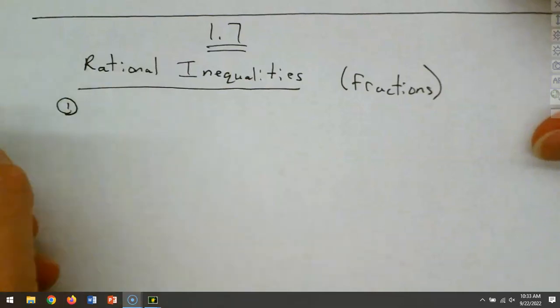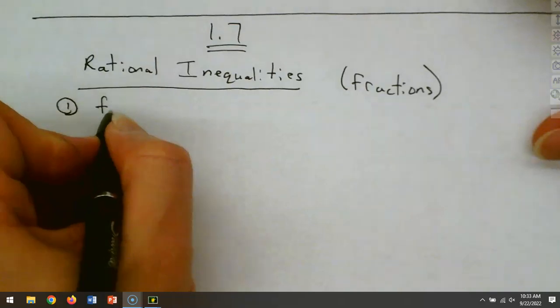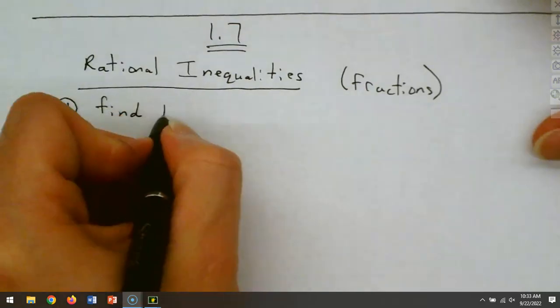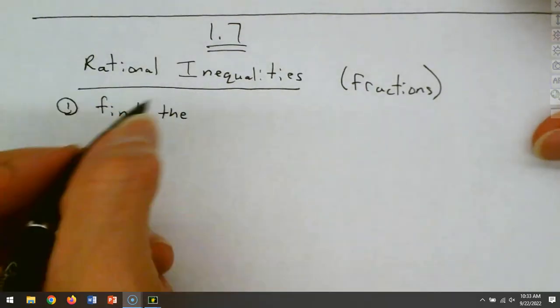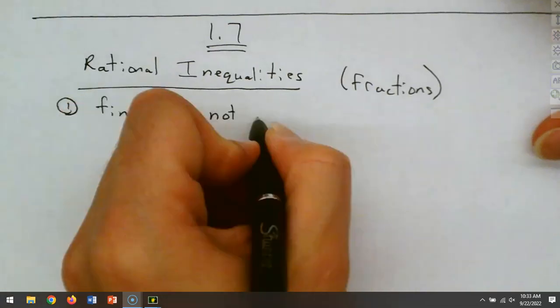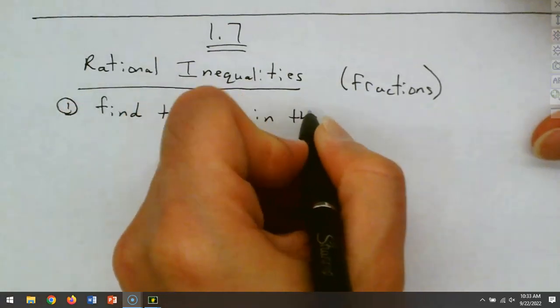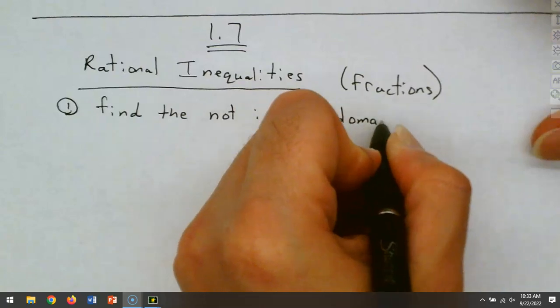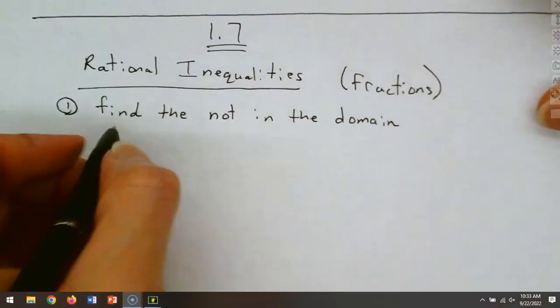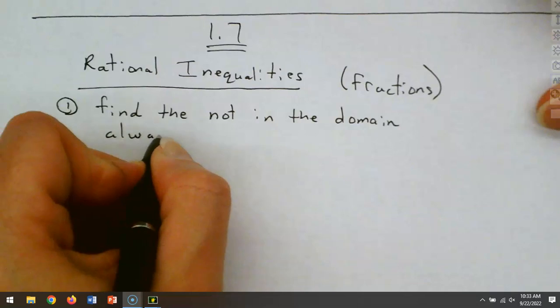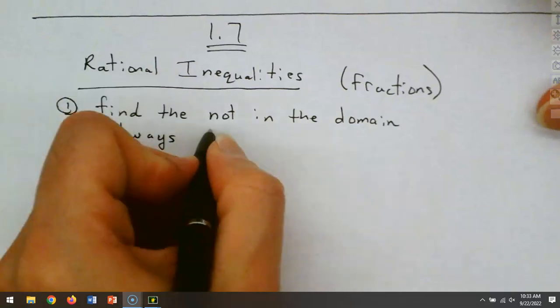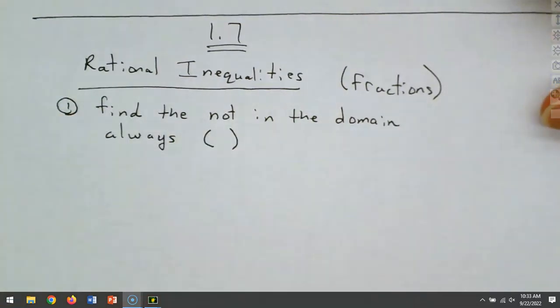Step number 1 is find the domain. Or actually find the numbers not in the domain. And these are always going to get parentheses.